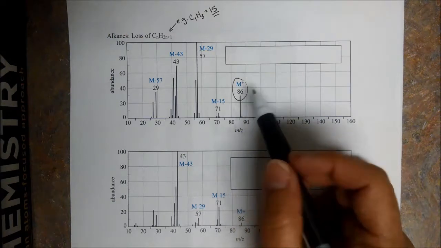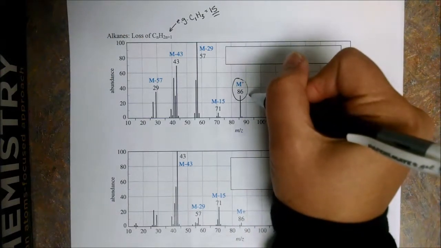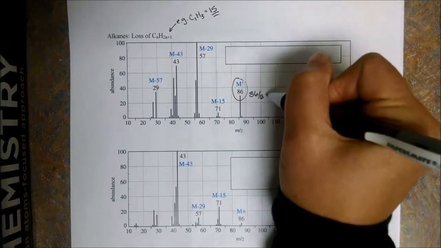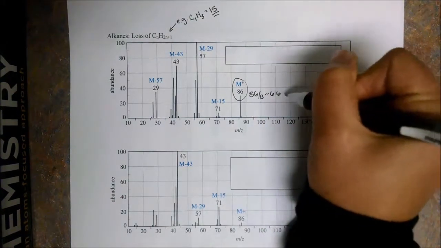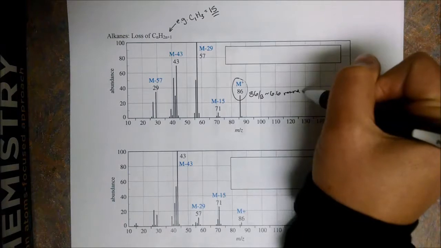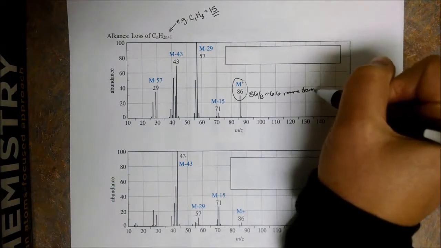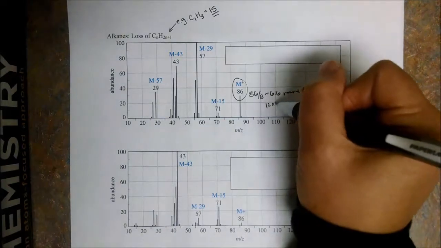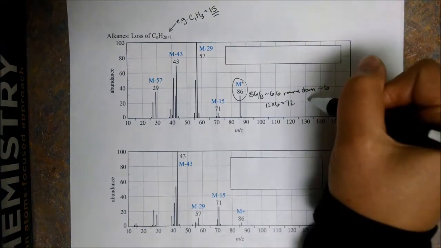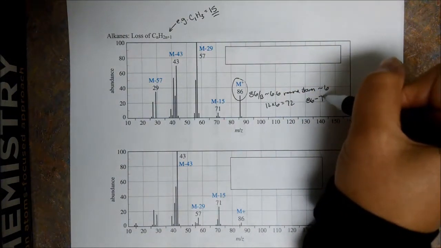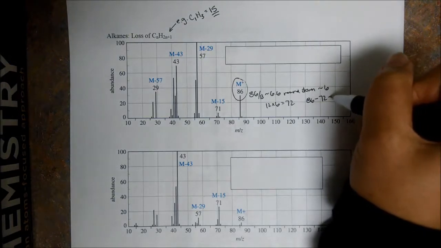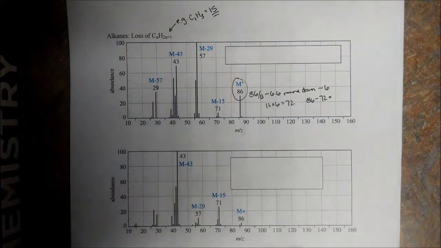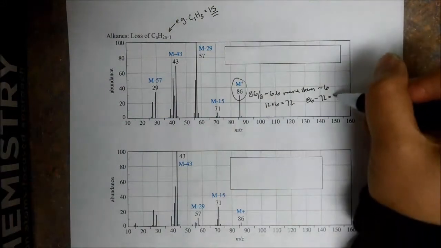Okay, if we correspond to 86, if we use the rule of 13, 86 divided by 13, we actually get 6.6, and I would round down. It's another little tip, round down equals 6, and so 12 times 6 equals 72, so then 86 minus 72 equals 14.